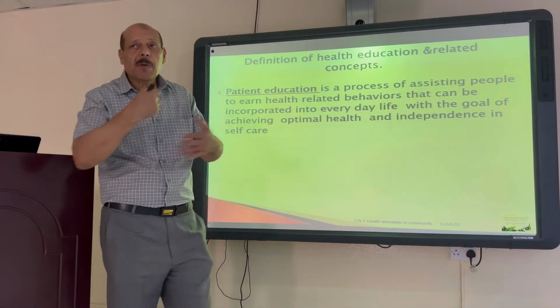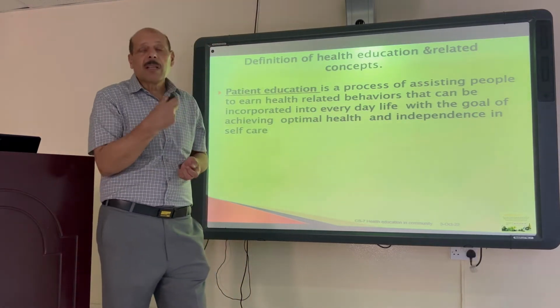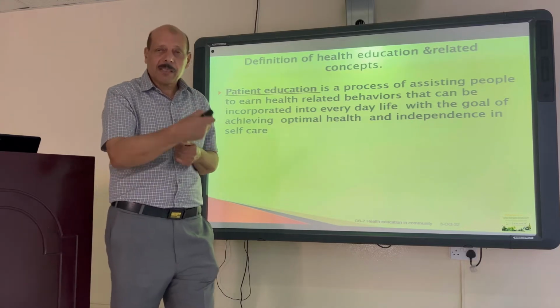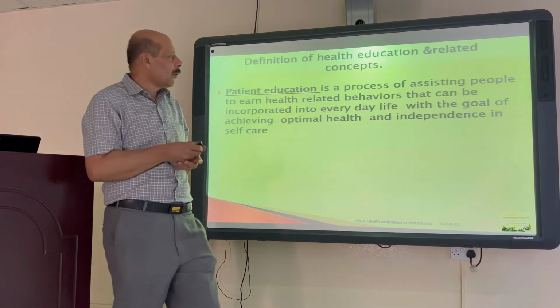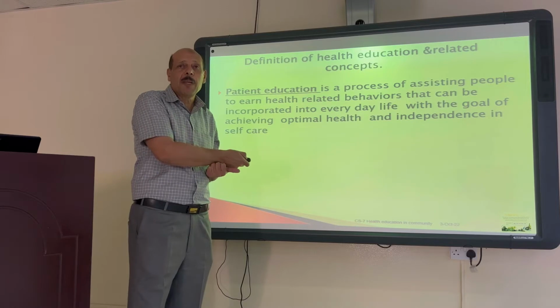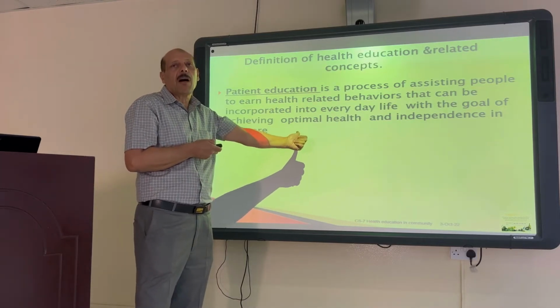So we are aiming that the client or the patient is going to be self-dependent and independent from the care that we are giving. So we are educating him in order to be independent and to take care of his health.